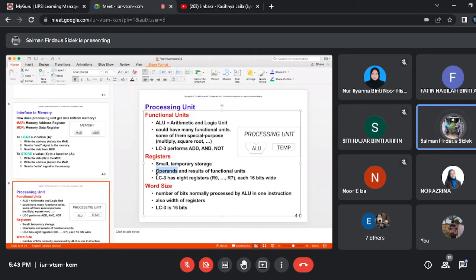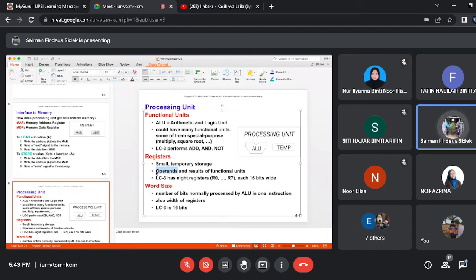Where's the location of the operation? In the temporary or in the ALU? ALU lah. ALU will do all the operation. But the data is in the temporary. So operand is in the temporary.